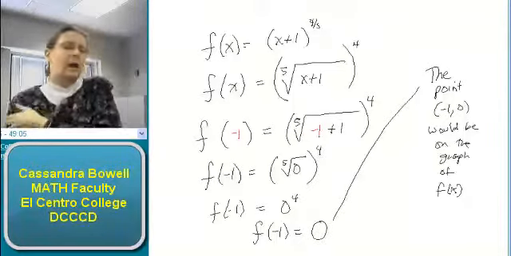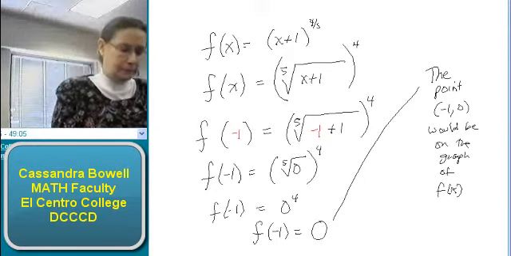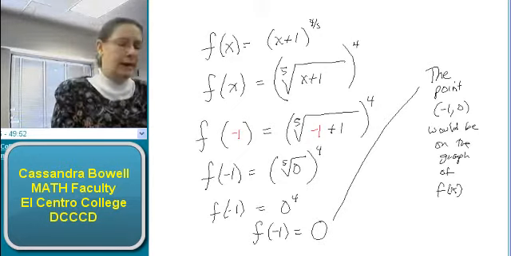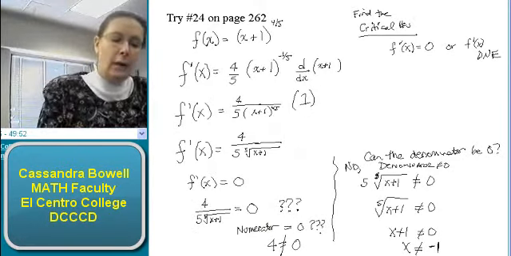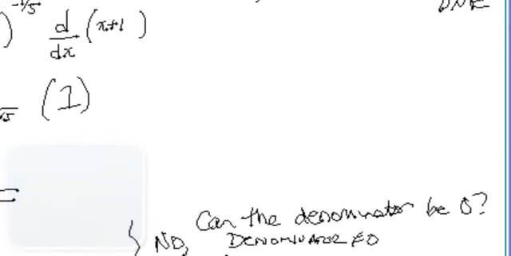Okay? Now, I realize that I picked a hard one to start with. Our goal here was to find the critical numbers of this function. So let me go back and at least finish this one.